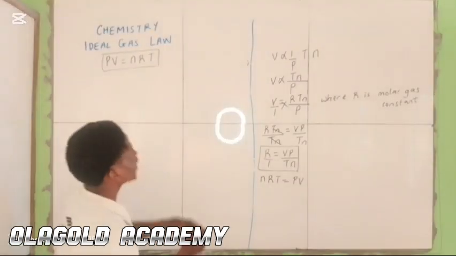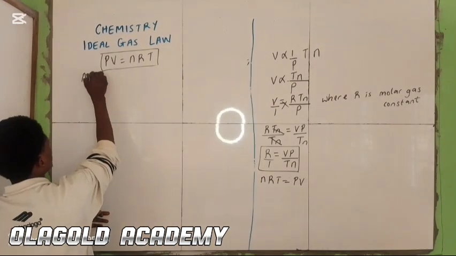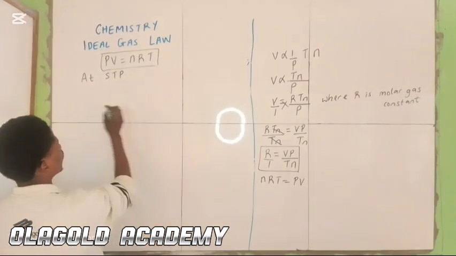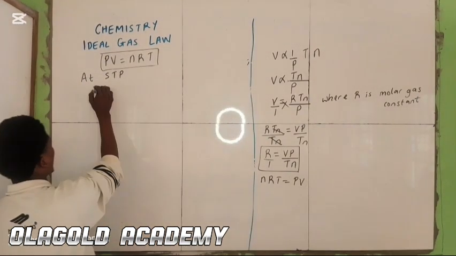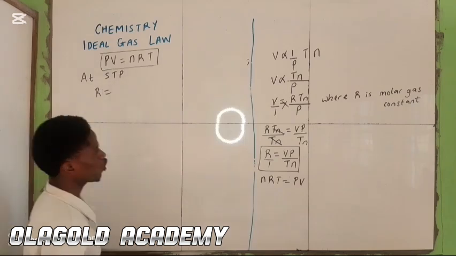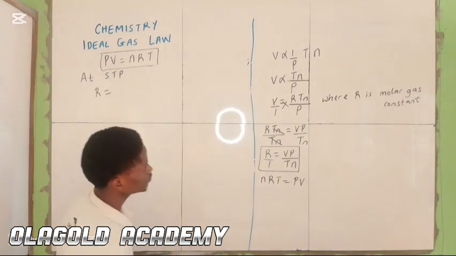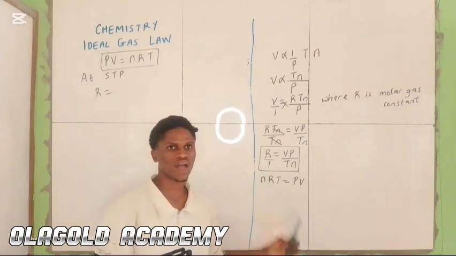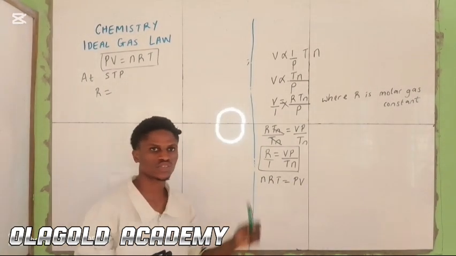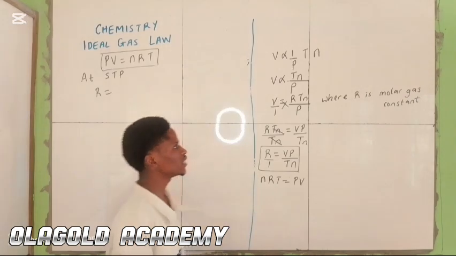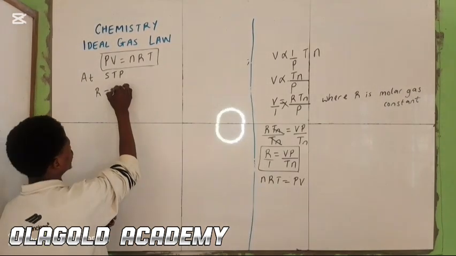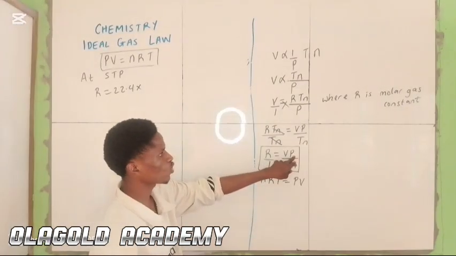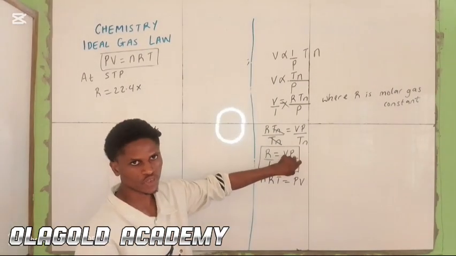Alright, so at STP, our R equal to the volume at STP. The volume of 1 mole of gas at STP is 22.4 dm³. So we have 22.4 multiplied by pressure at STP.